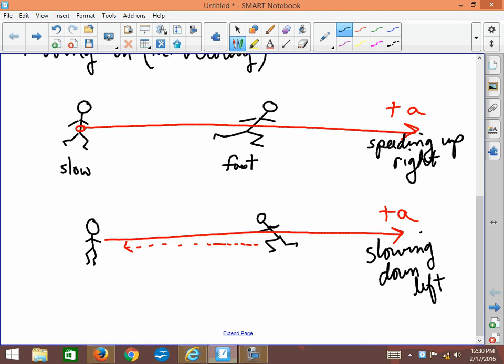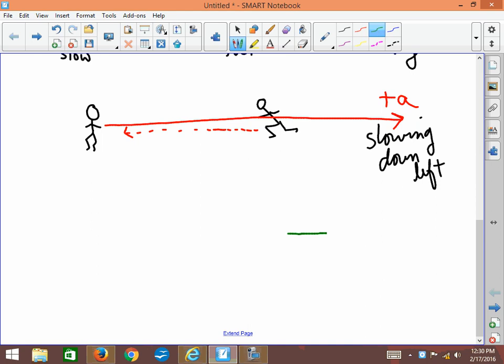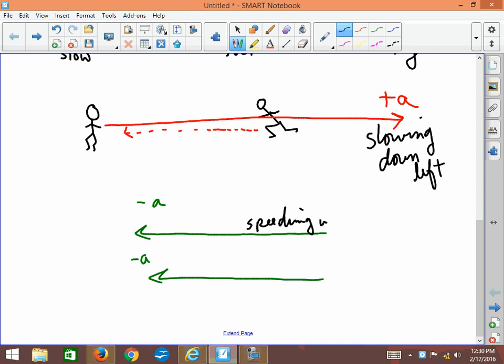Now, if I did the arrows the other way, if I drew two green arrows showing a string pulling a person this way, you could reverse it, and you could make the connection that the negative acceleration would cause speeding up left, and it would also cause slowing down to the right. Which in physics is exactly the same thing, even though in reality it looks like two different things, it's the same pull of the string. It's the same effect, right?